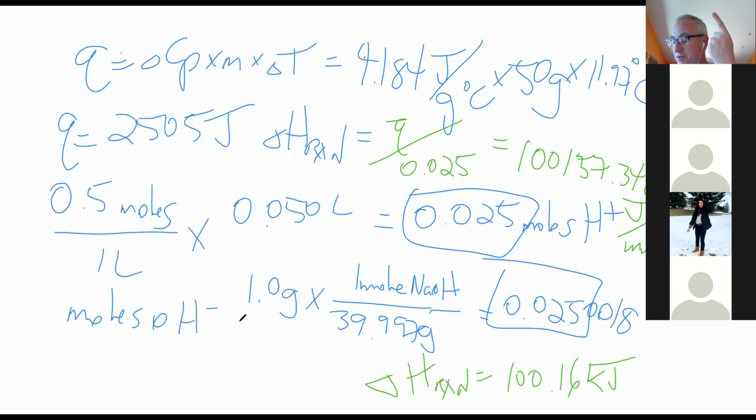That gave us a delta H reaction of 44 kilojoules. Our second reaction was both the dissolving of sodium hydroxide in water and its neutralization by HCl, and our delta H reaction was 100 kilojoules. What do you think the delta H reaction for the neutralization reaction by itself, sodium hydroxide plus HCl, is going to be?